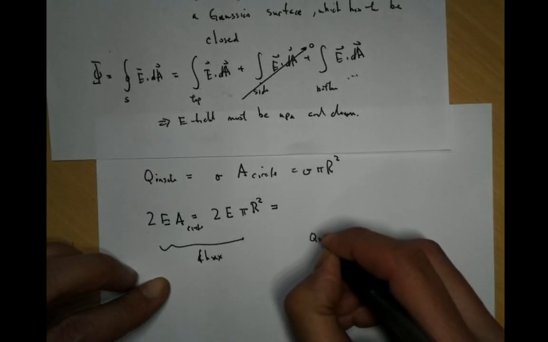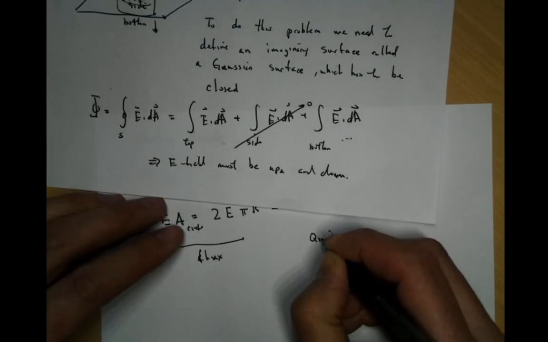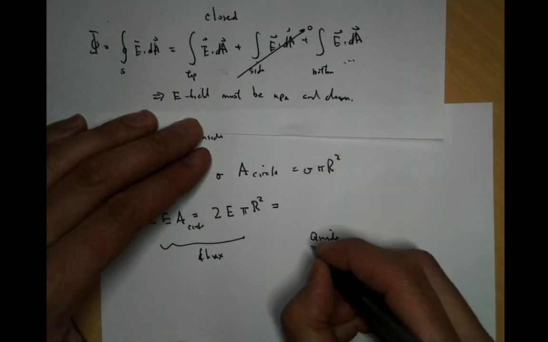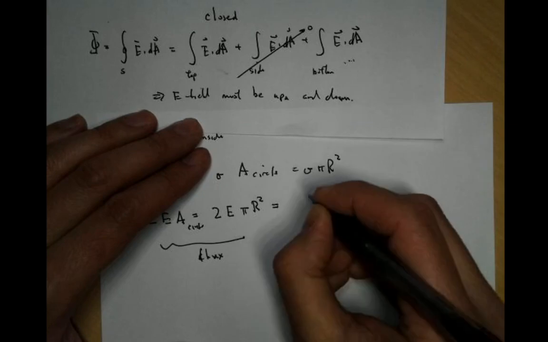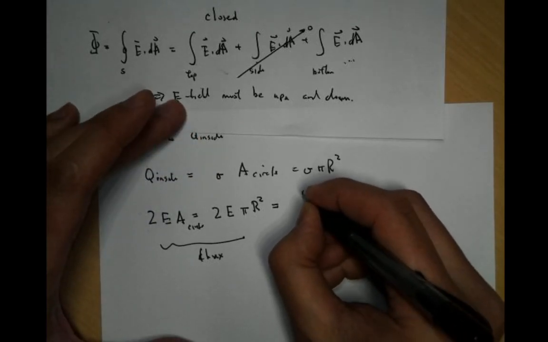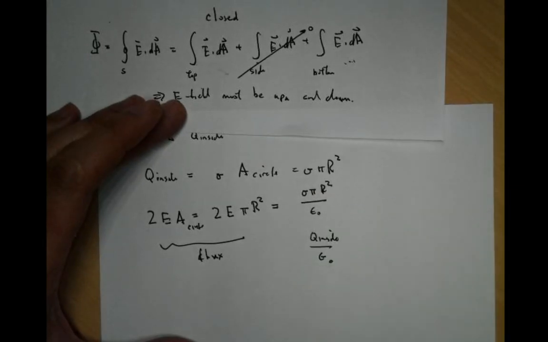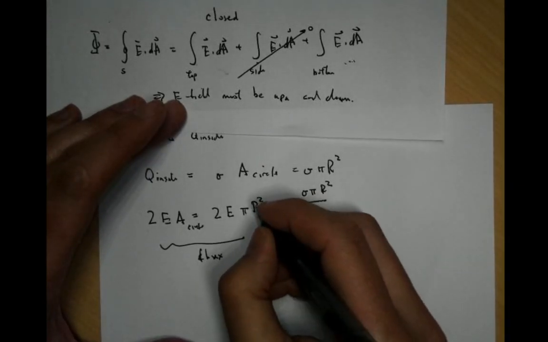This is Q inside over epsilon naught. This is going to be sigma pi r squared over epsilon naught. And so now we're done.